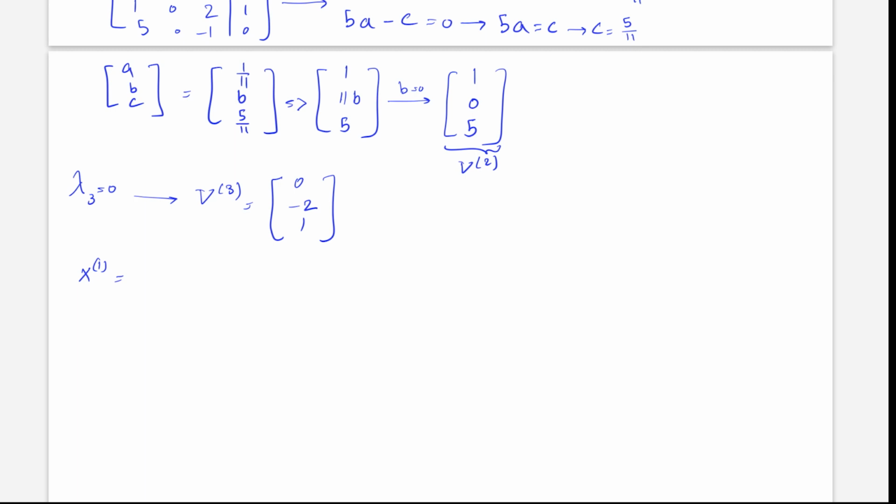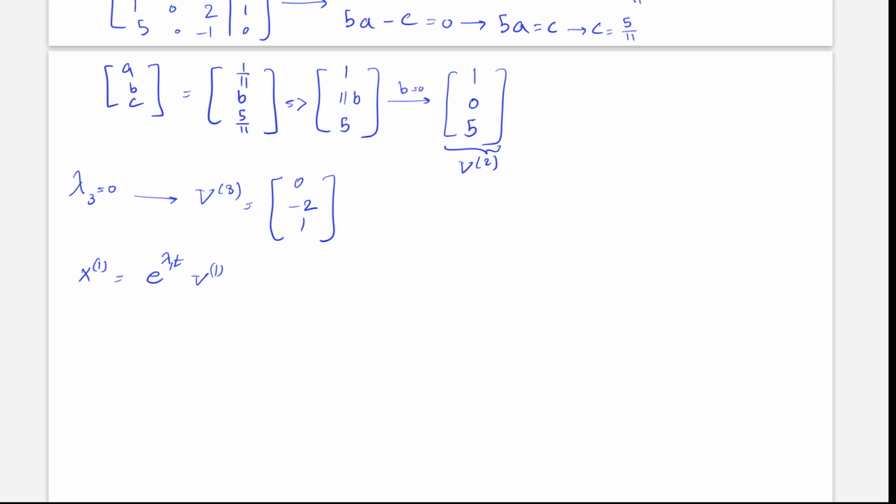But it also has a term of the generalized eigenvector v2. So its form will be e to the lambda 1 t, and let's say v1.